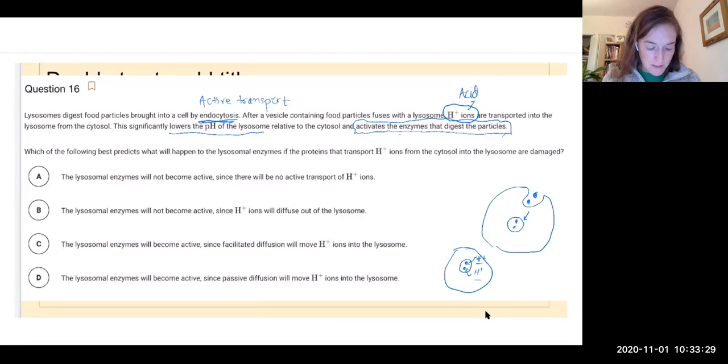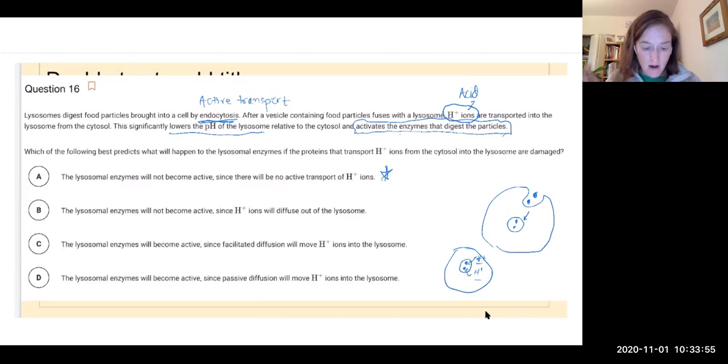A: The lysosomal enzymes will not become active since there will be no active transport of H+ ions. Ooh, that sounds really good. Let's keep our eye on that one, but let's also read the others because maybe there's one that's even better. B: The lysosomal enzymes will not become active since H+ ions will diffuse out of the lysosome.